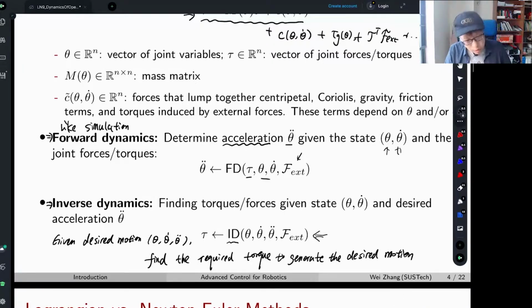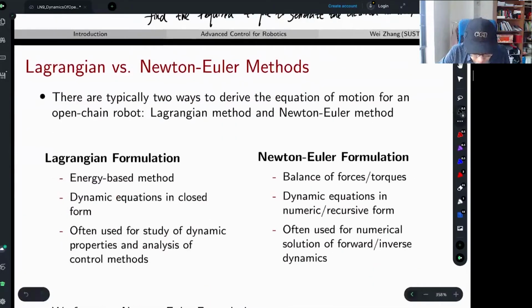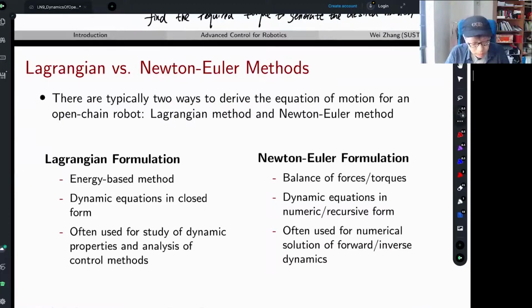Inverse dynamics is a fundamental building block for almost everything. Including forward dynamics, oftentimes you need to call an inverse dynamics subroutine to compute it. We'll see how it works out. In deriving this, I think most people learned before there are two ways: a Lagrangian approach and a Newton-Euler recursive approach.